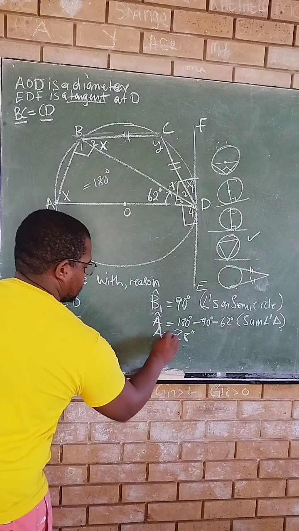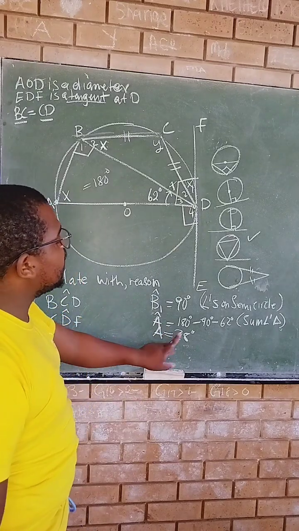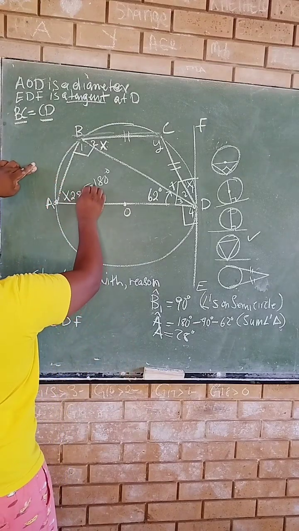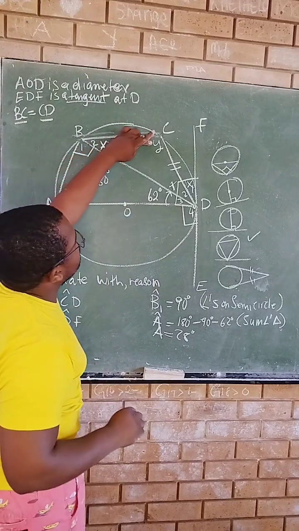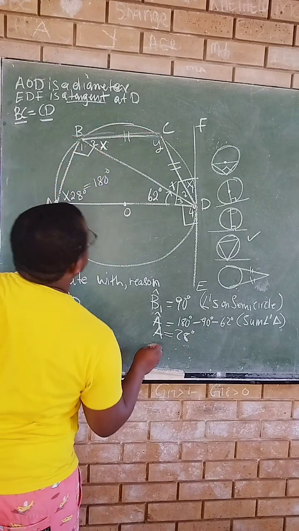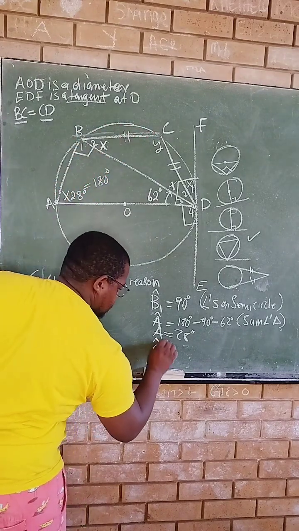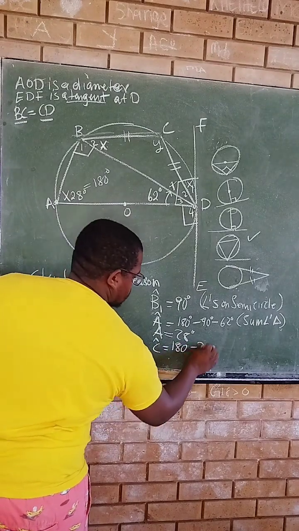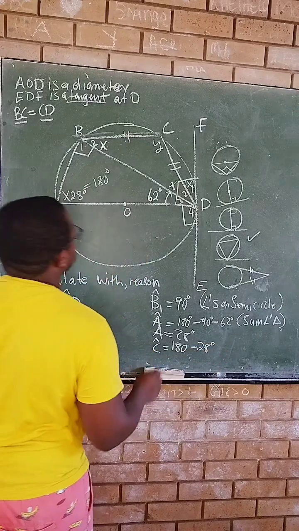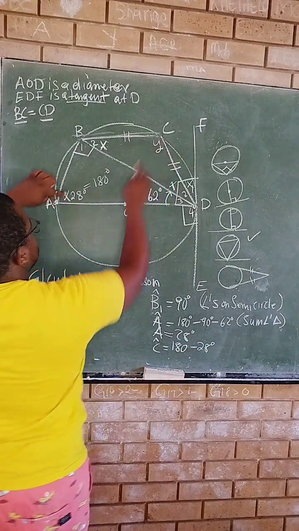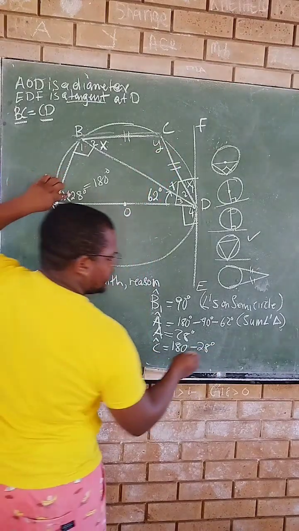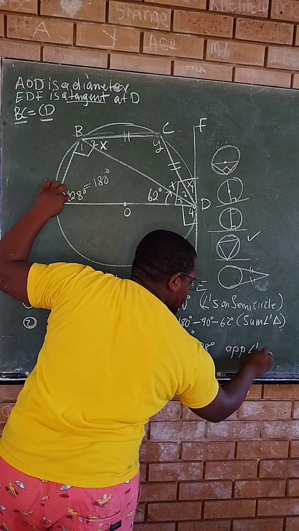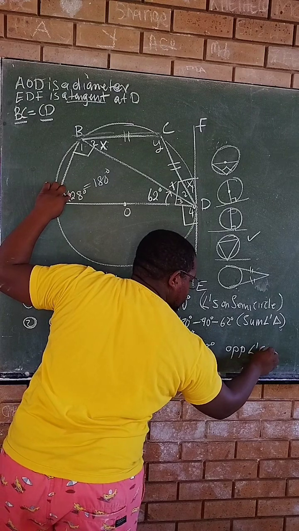So that means angle A will be 28 degrees. Hence, I can calculate C, because angle C is equal to 180 minus 28. Why am I minus 28? Because this plus this is equal to 180 degrees. Why? These are opposite angles of a cyclic quad.